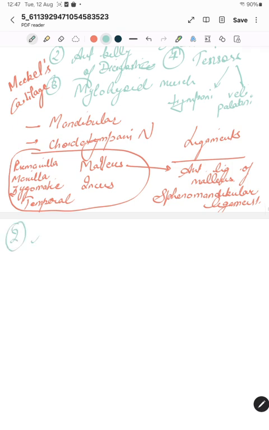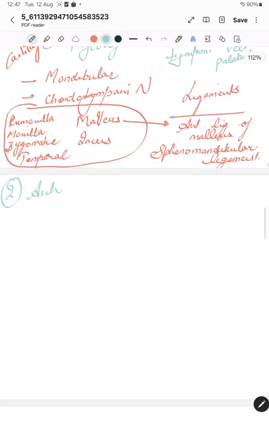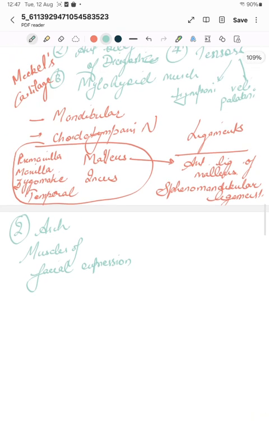Then the second arch. In the second arch, we have muscles of facial expression. We had the anterior belly of digastric in the first arch, so here we will have the posterior belly of digastric.